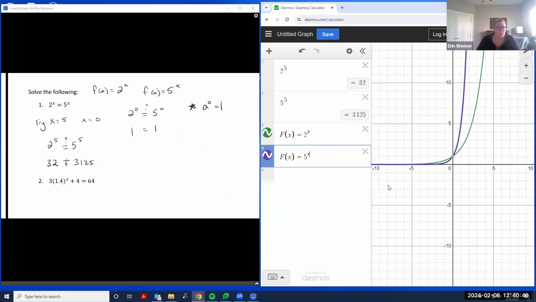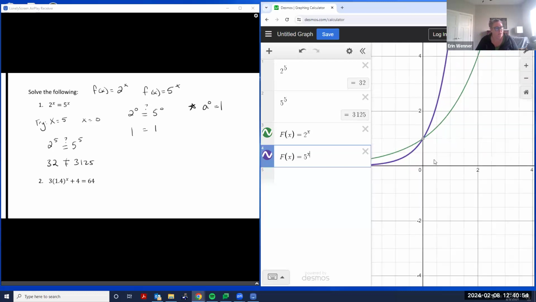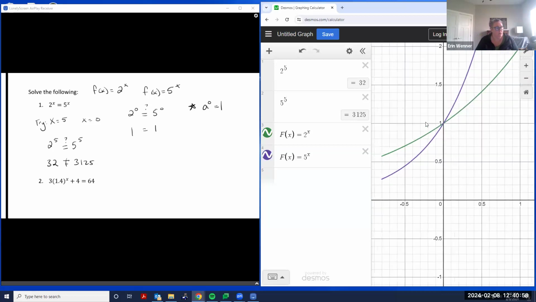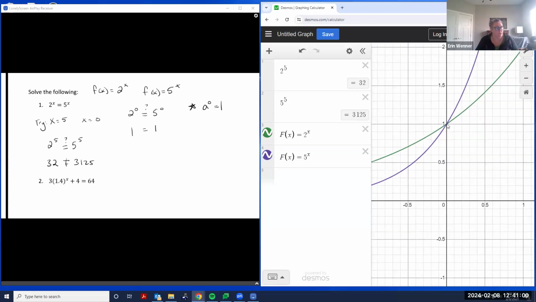And like I said, when we're looking at solving this, we're looking for where those functions overlap. And they're going to overlap right here, at this point right here, okay? And if we hover, we can see that we get this ordered pair of 0, 1.